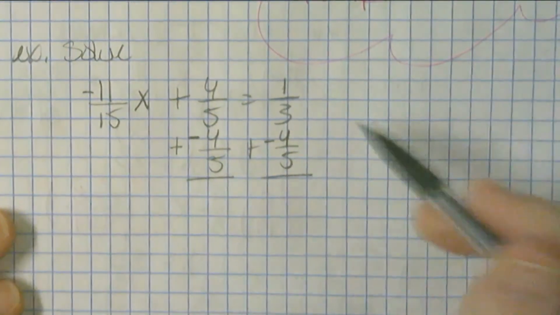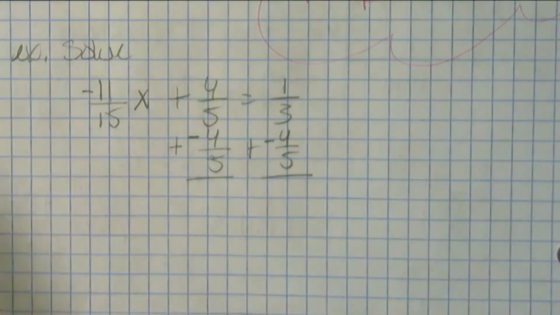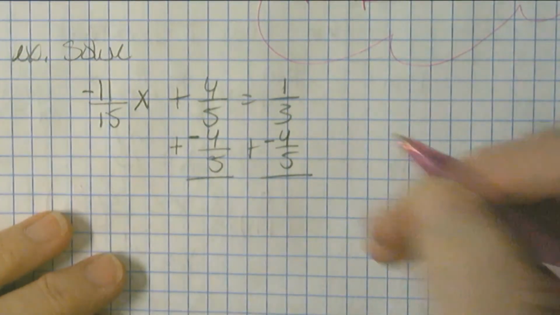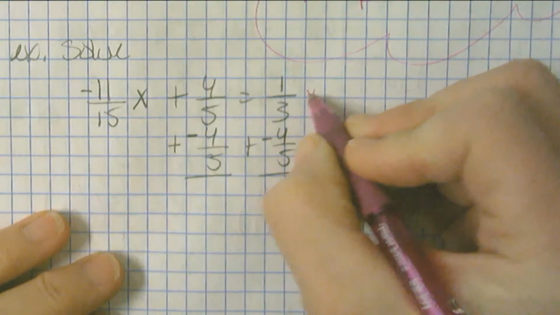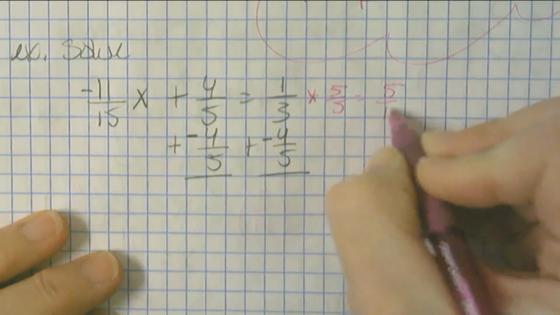For us to add 1/3 and negative 4/5, or for us to do that subtraction, what do I have to do? Matthew? I'm going to multiply 1/3 by 5/5, and I get 5/15.